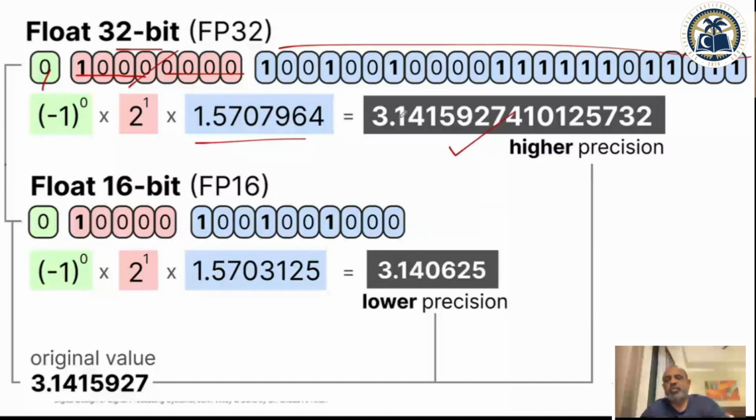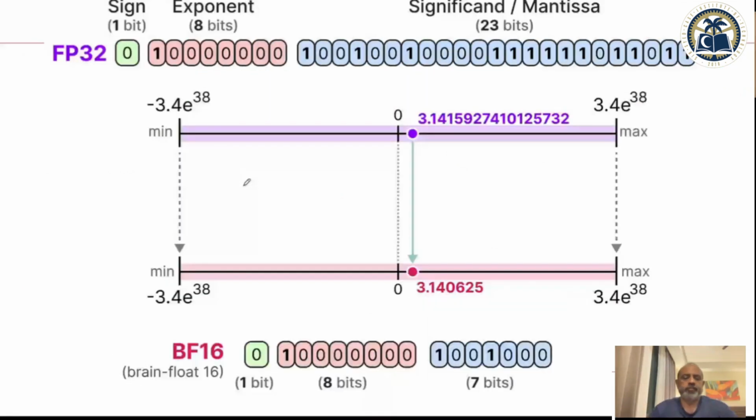Now you start seeing many of these digits in the fractional part. So the same number as a 32-bit precision and the same number as a 16-bit precision are two different numbers represented in floating point format. Now, what is the difference? The important difference is the precision.